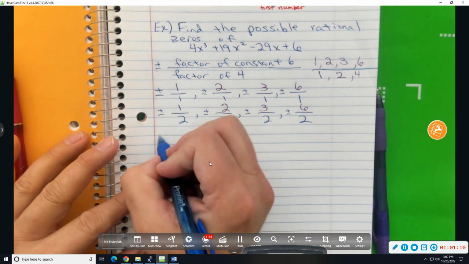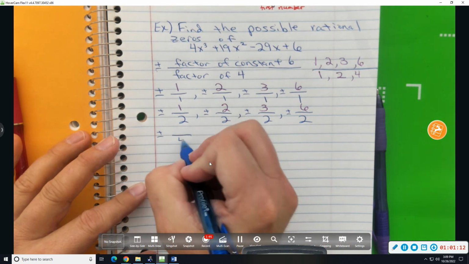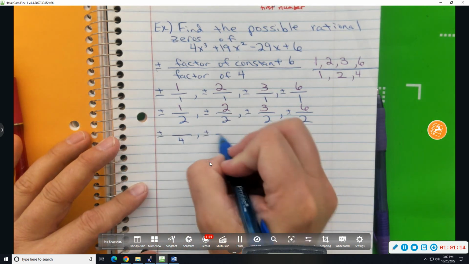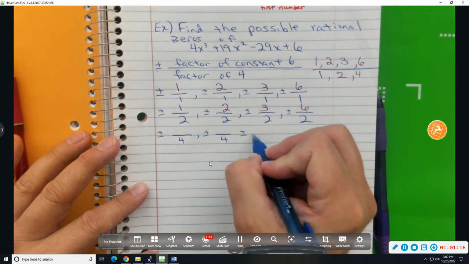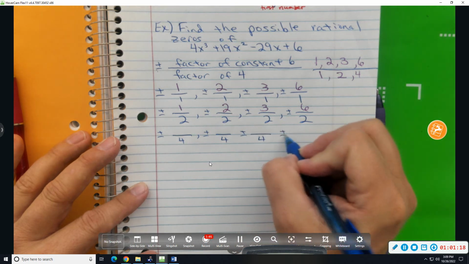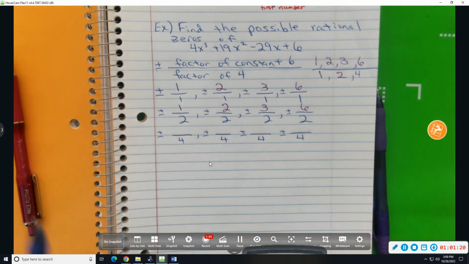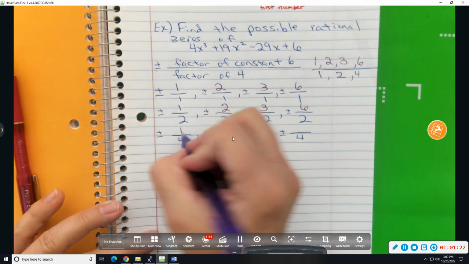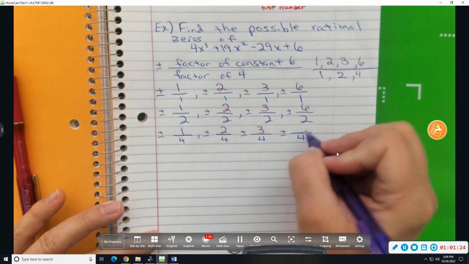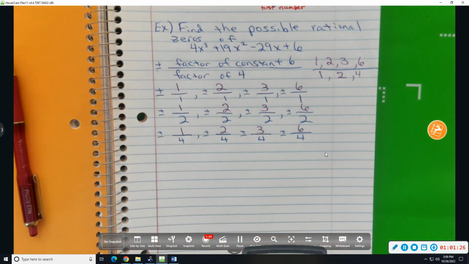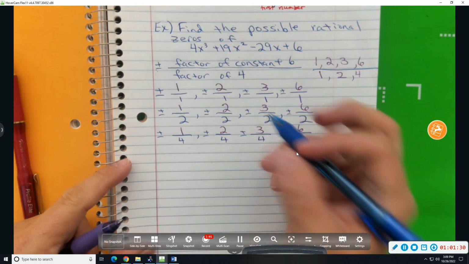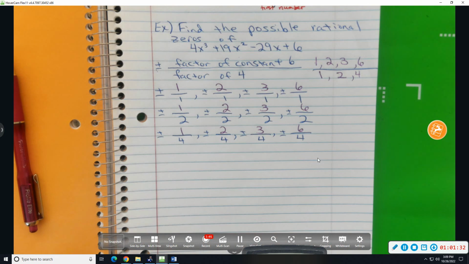And then we're going to have to clean up all of this.